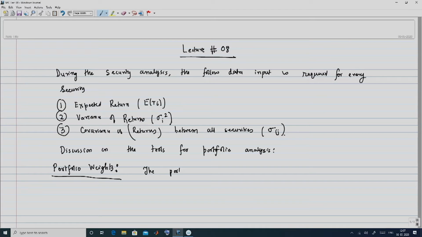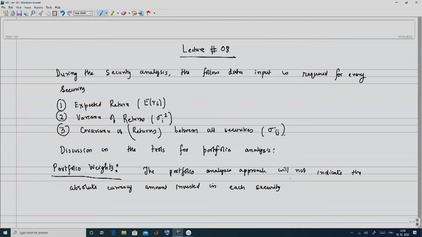The portfolio analysis approach will not indicate the absolute currency amount invested in each security; rather, it instead yields the proportion of each security in the portfolio.